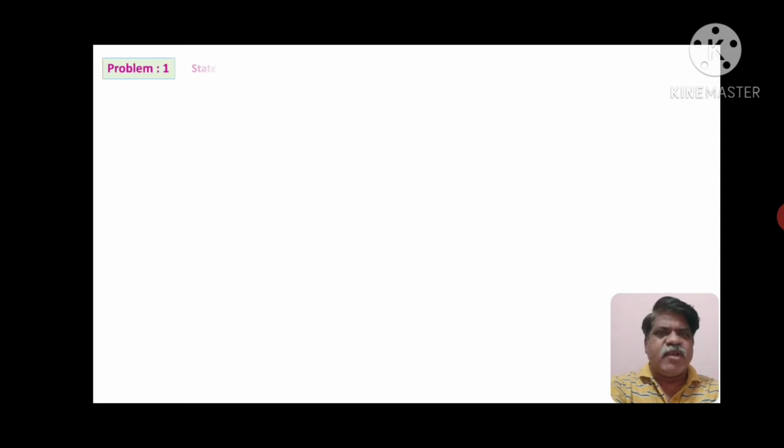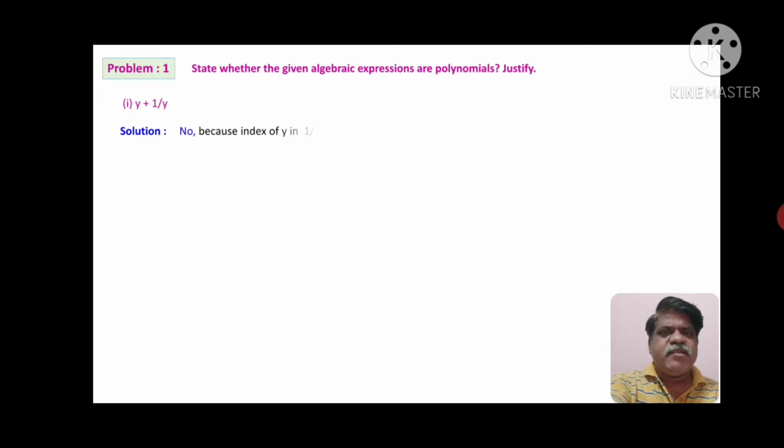Problem number 1: state whether the given algebraic expressions are polynomials. Justify. First, the given expression is y plus 1 upon y. The index in 1 upon y is minus 1, that is a negative number.